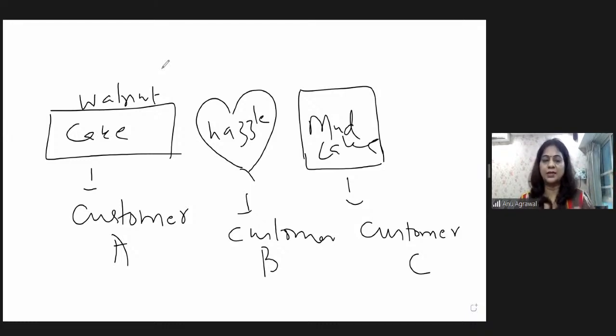Somebody wants a walnut cake in a rectangle, so I made it rectangle. Somebody wanted a hazelnut cake in a heart shape, so I made that. Somebody wanted a mud cake in square, so I made a mud cake. Now, the job which I'm doing is different from the other. This is a walnut cake, this is a hazelnut cake, this is a mud cake, right? Now, how do I do costing? So let's say walnut cake.